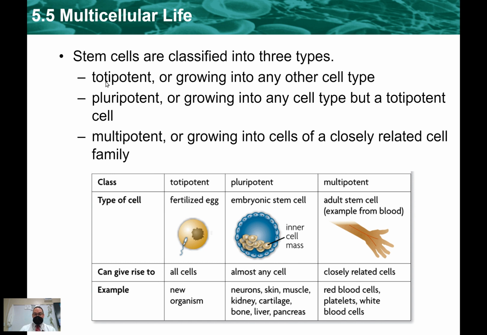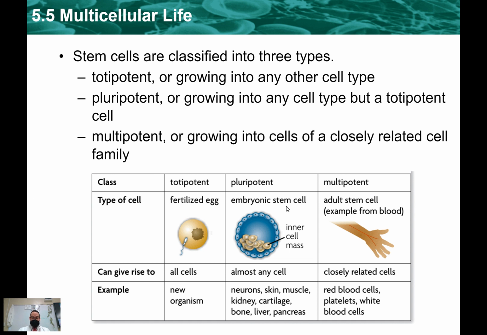But first, let's describe some of these stem cells. So totipotent can grow into any other cell type. A pluripotent can grow into anything except for a totipotent. And a multipotent can grow into cells that are closely related to the cell that they are. So multipotent you can get from adults.